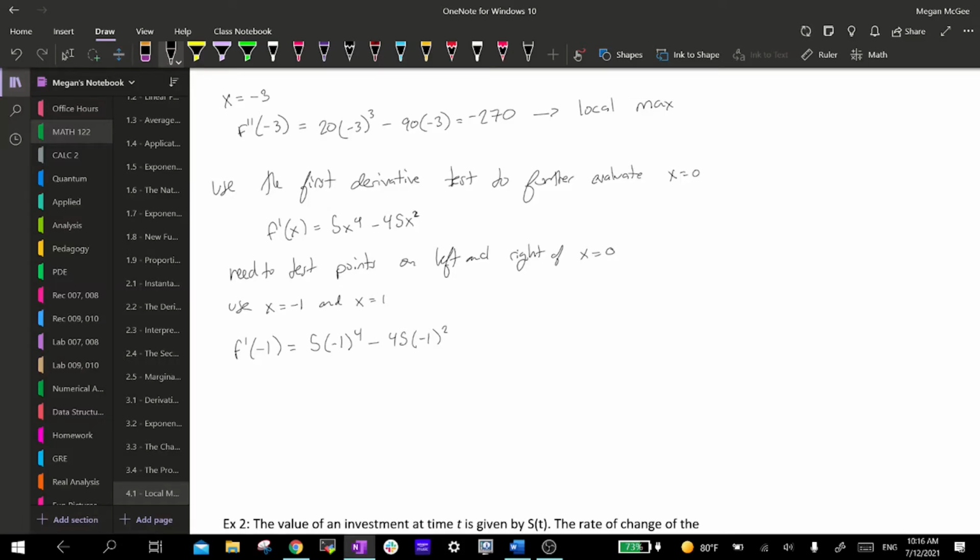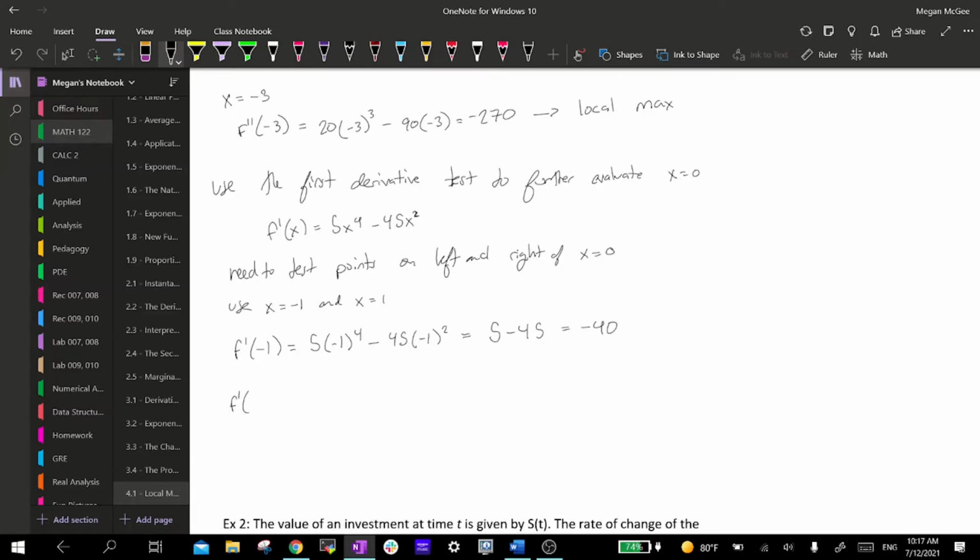And for when we're raising it to the fourth, it's just squared out twice, right? So it's super positive if you can be super positive, right? And then multiplying by 1 doesn't change our value at all, so we really just have 5 minus 45, which gives us negative 40. Okay, so we have a negative derivative on the left-hand side.